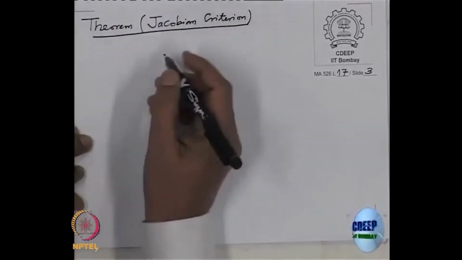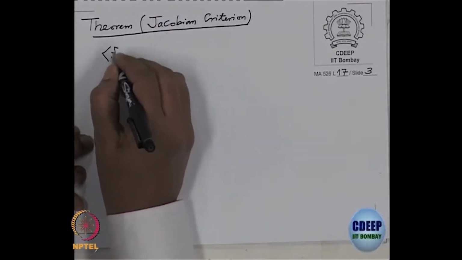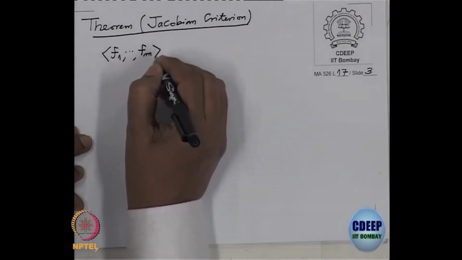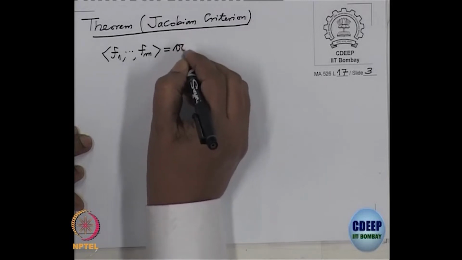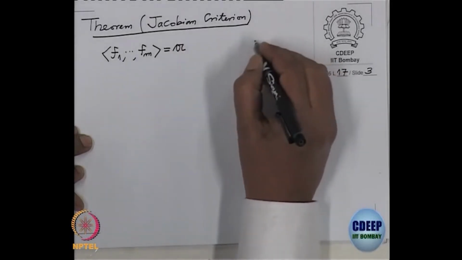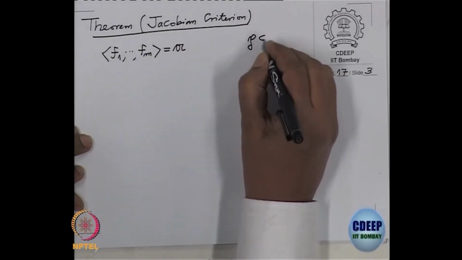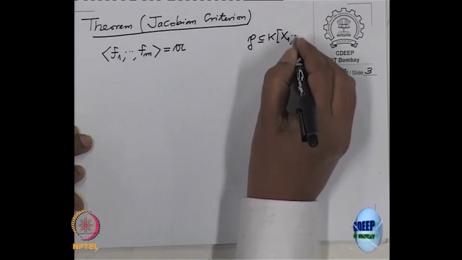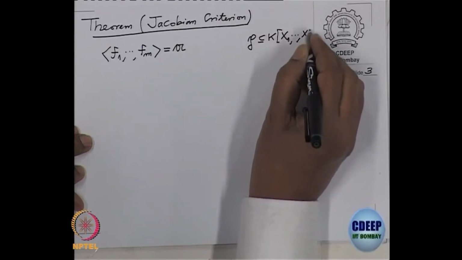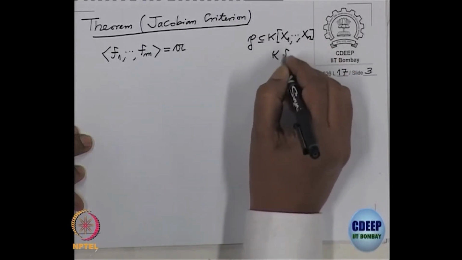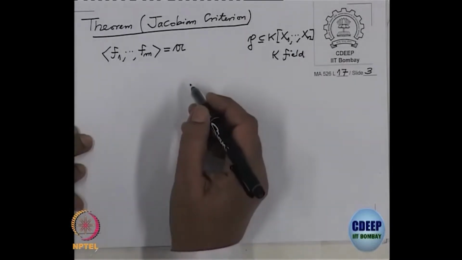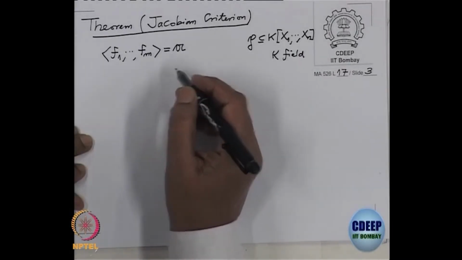As in the earlier notation, F1 to Fm are the generators for the given ideal A, and also we have a given prime ideal P, and everything is happening in the polynomial ring in n variables over a field K, and Q is a minimal prime.